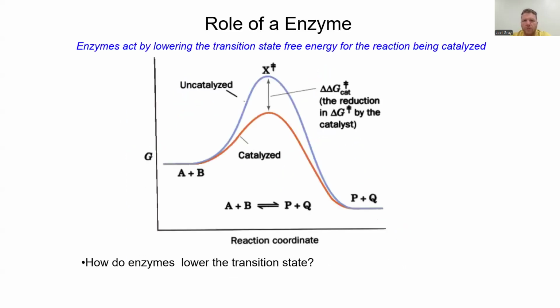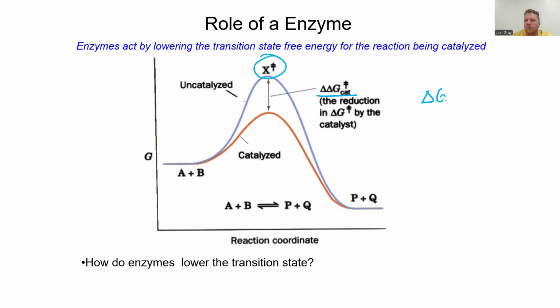Now, looking at this from the perspective of a single step or a single intermediate, an enzyme acts by lowering that transition state free energy for the reaction being catalyzed. So it's going to take that double dagger, that transition state, and basically make it easier to get to it. So the effectiveness of an enzyme can be measured with these delta G double dagger.